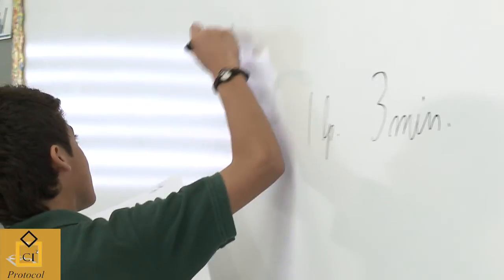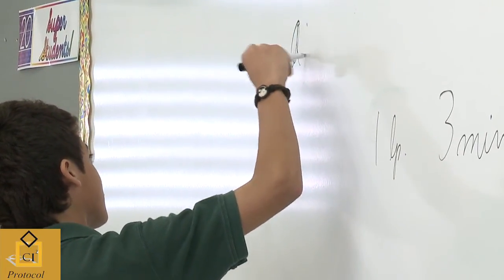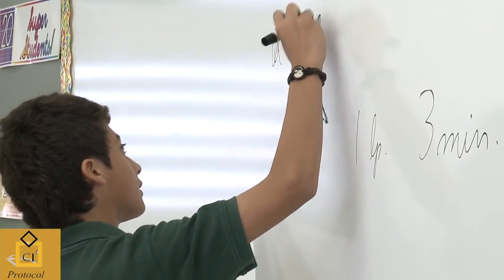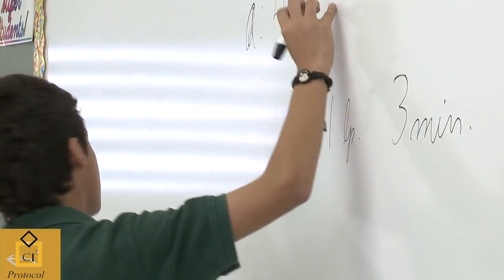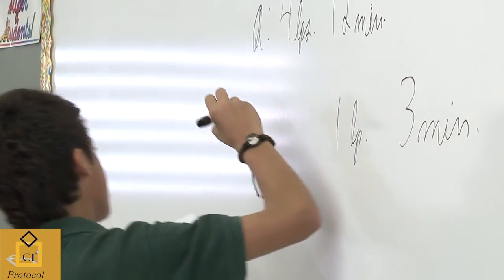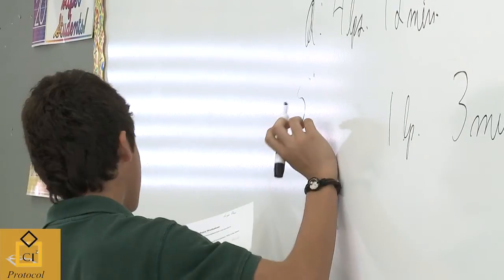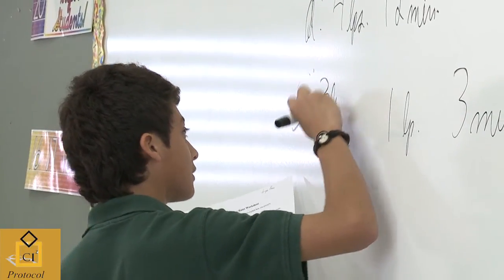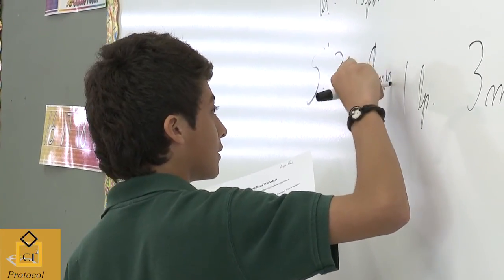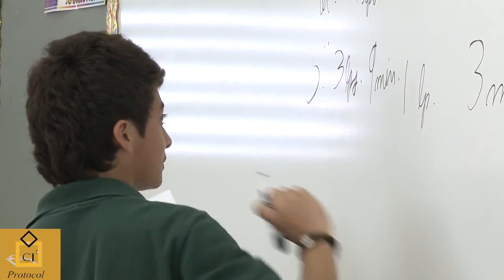So Ariel ran 4 laps, same amount, in 12 minutes. And Susan ran 3 laps in 9 minutes. Okay, so you have identified the information from the problem.